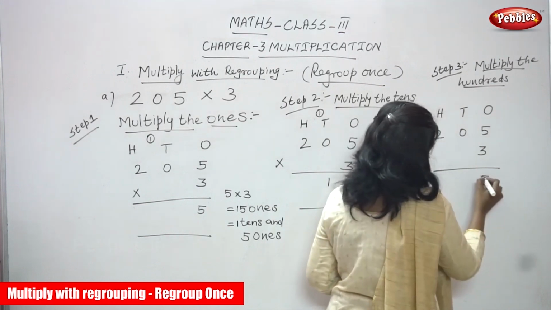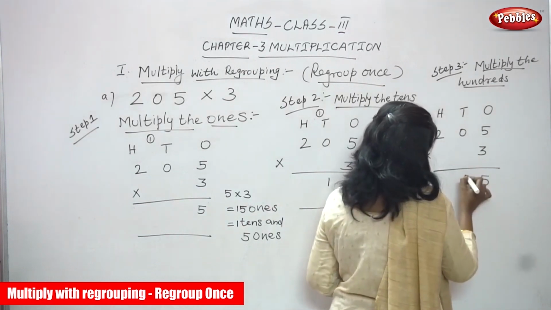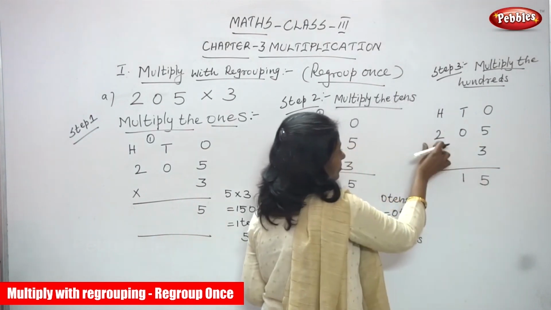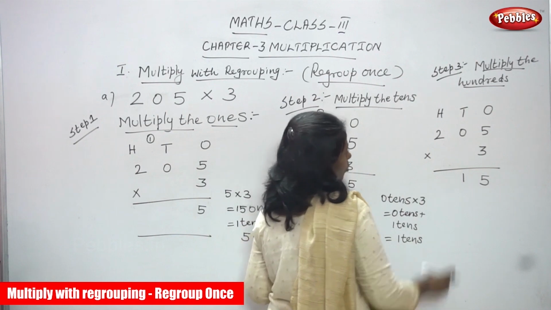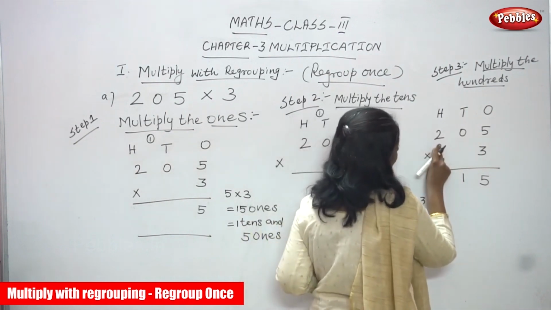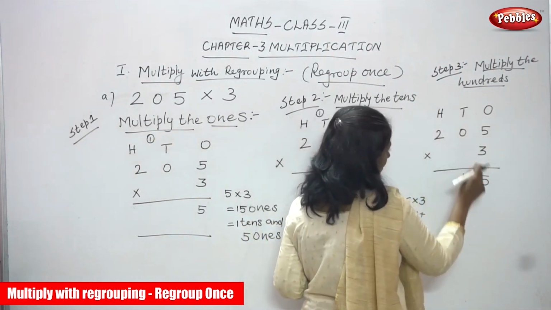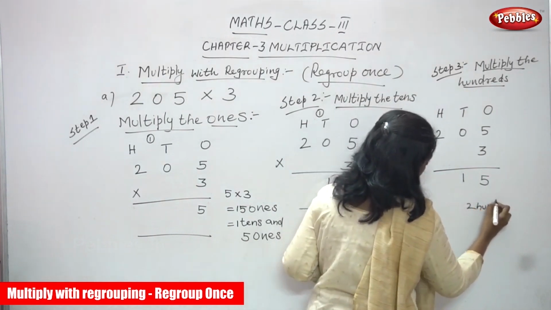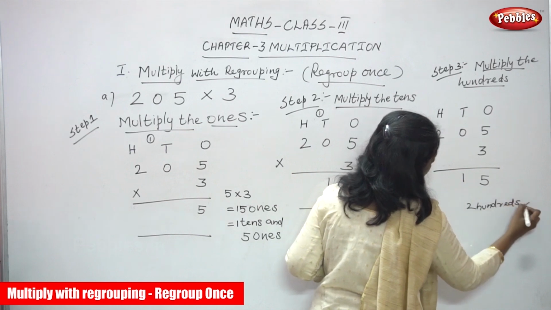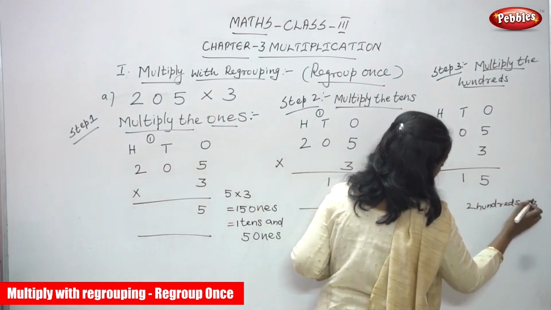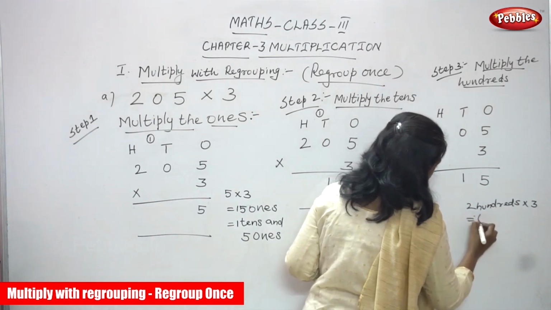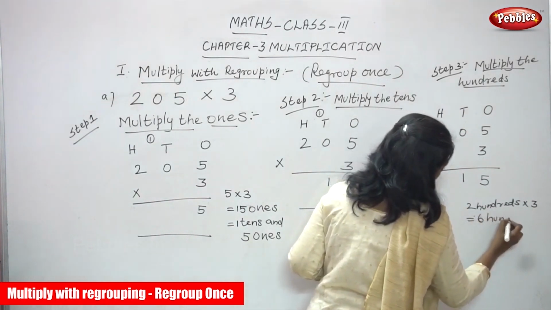First you write the 5 ones and 1 tens as they are. Now we are going to multiply the hundreds place value. What is the number in the hundreds place? 2. That means 2 hundreds, 200, is going to be multiplied by 3. You get 6 hundreds.